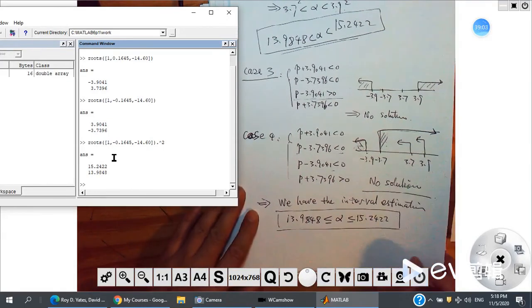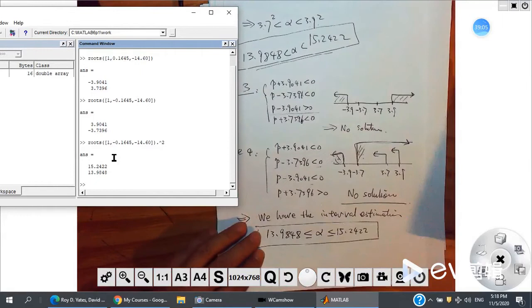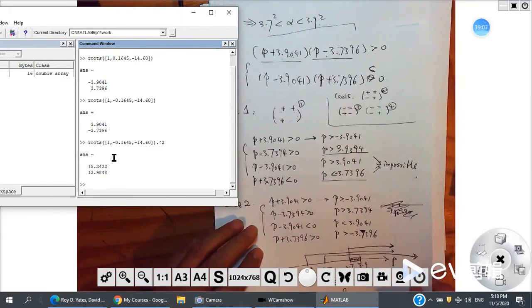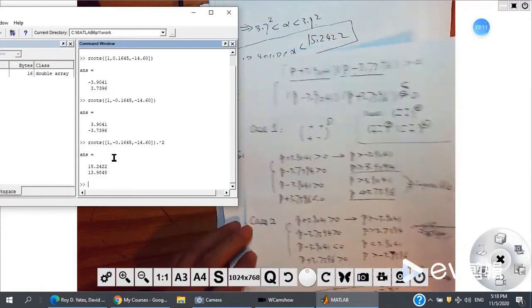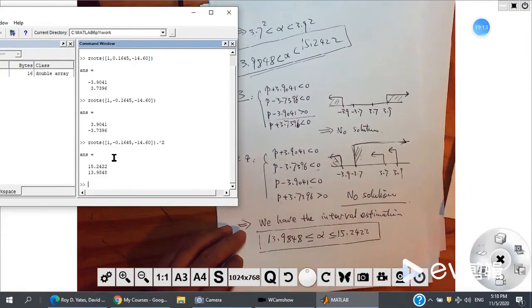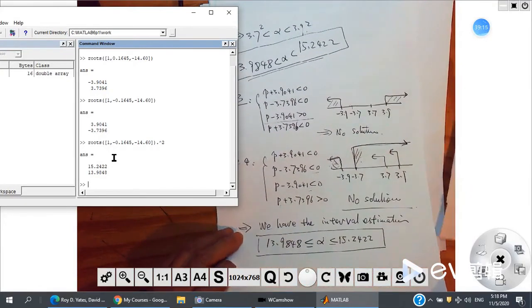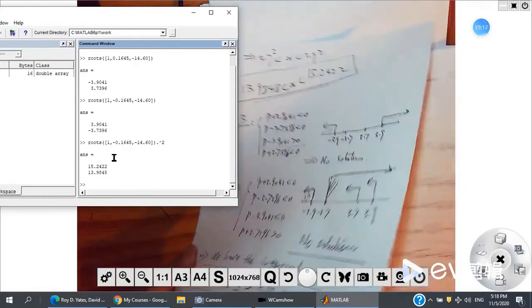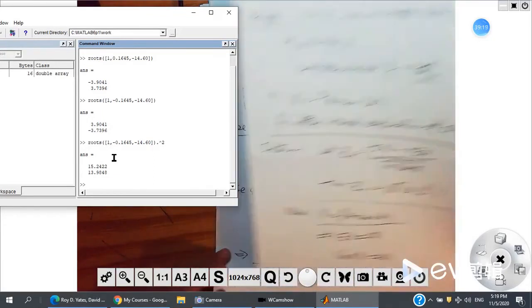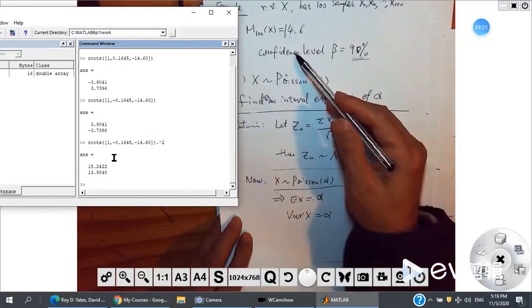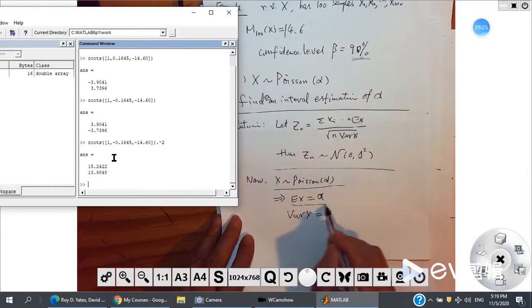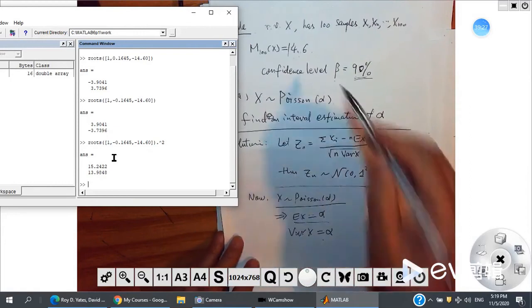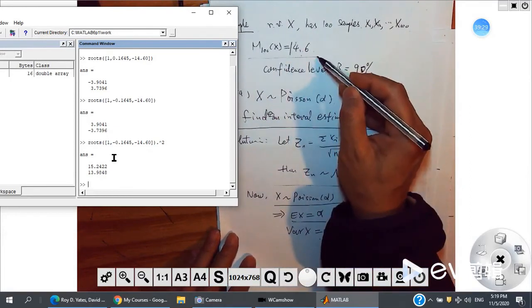For this one, actually, the mean is alpha. So if we use a point estimation method, for the Poisson distribution, we have E[X] equals alpha. So we start from some data.